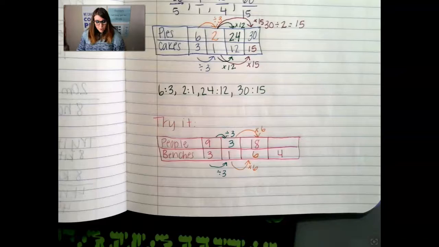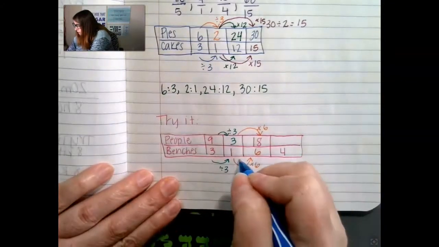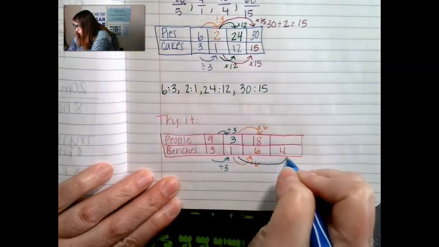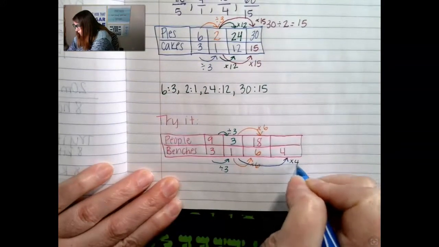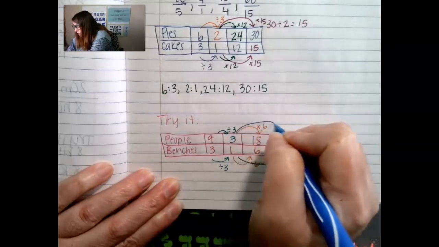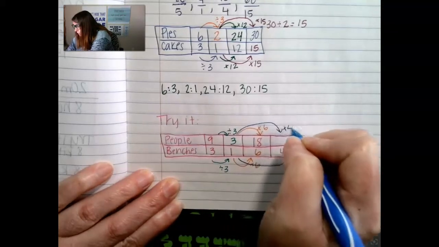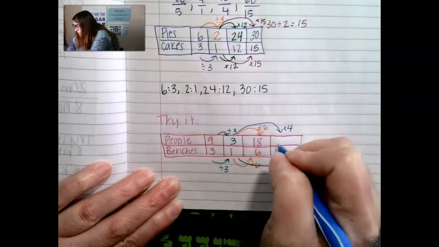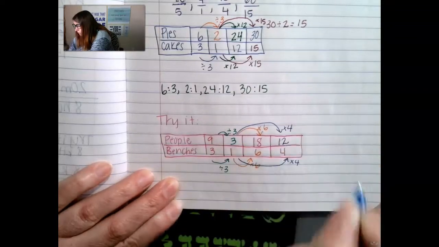Okay, but what if I have 4 benches? How many people can sit down? Well, if I have 4 benches, it took me a multiplier of 4 to get from 1 to 4. So on the top, I'm going to say 3 times 4, and I am going to get 12.